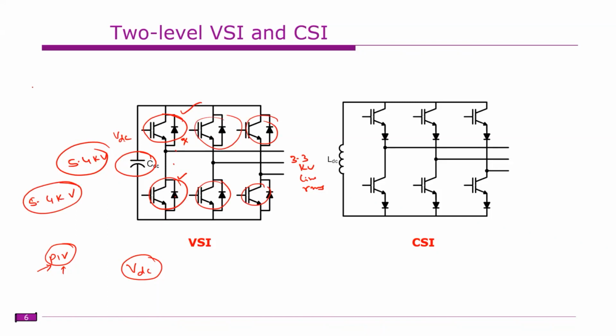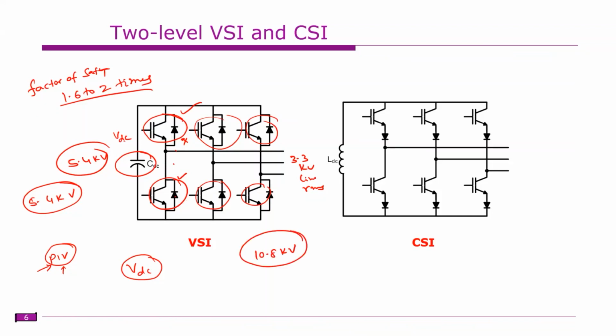But we have some factor of safety. Usually this factor of safety varies from 1.6 or 1.7 times to 2 times. If you consider 2 times as the factor of safety, it will be 10.8 kilovolts.